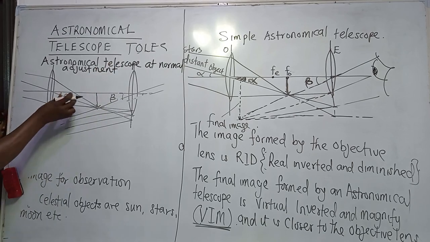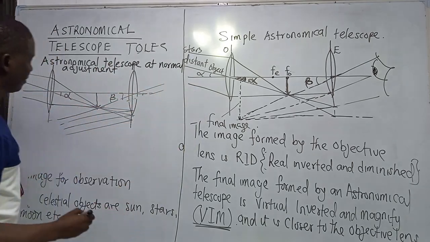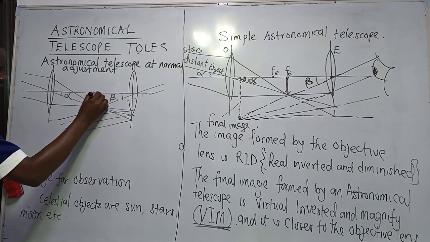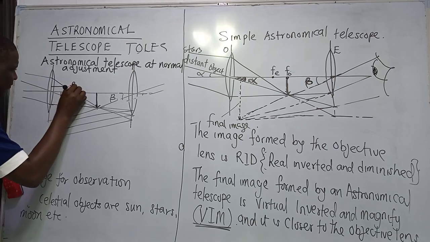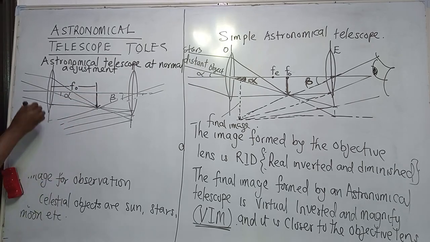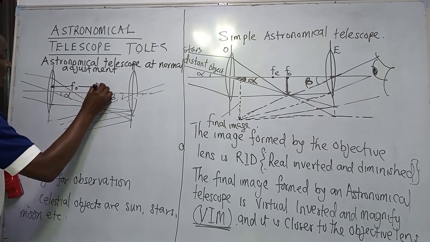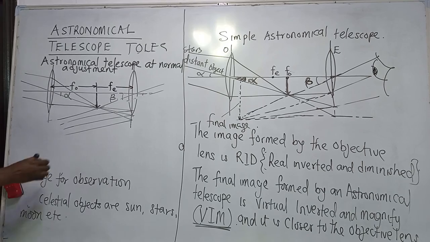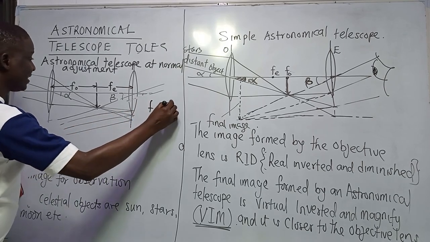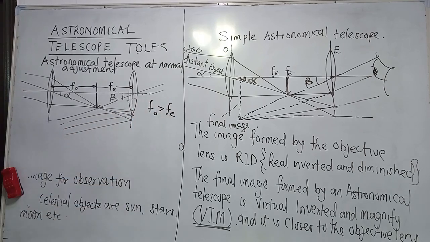Now, what is the difference between this and this? Let me show you something here. The distance from here to this place is f naught, and it is longer than this one, which is fe. Even at normal adjustment, f naught is still greater than fe.